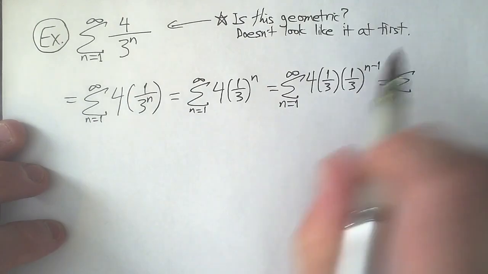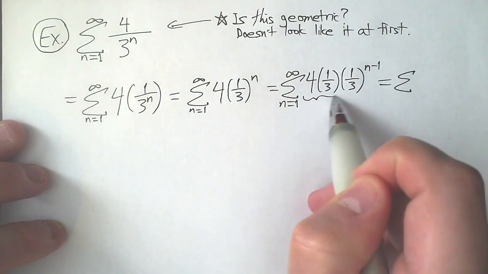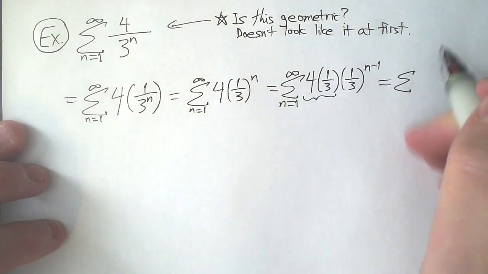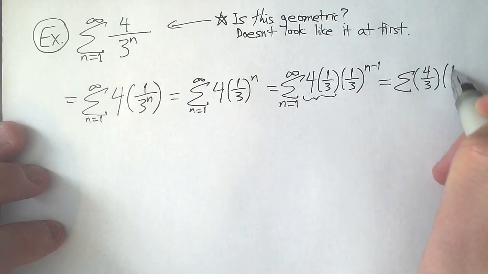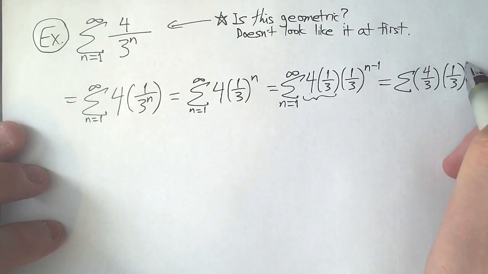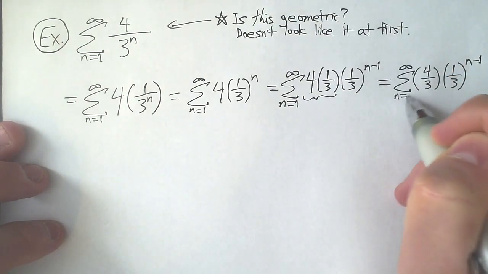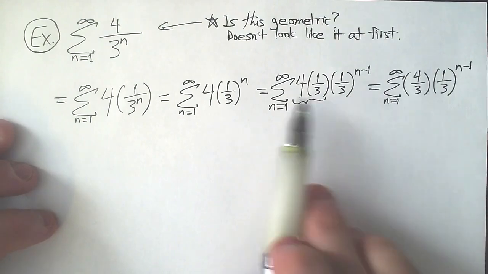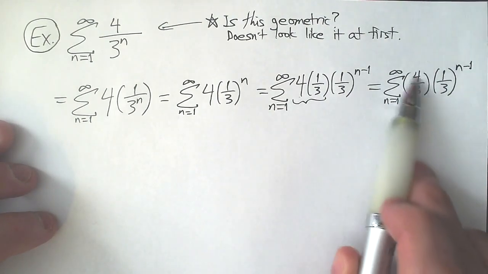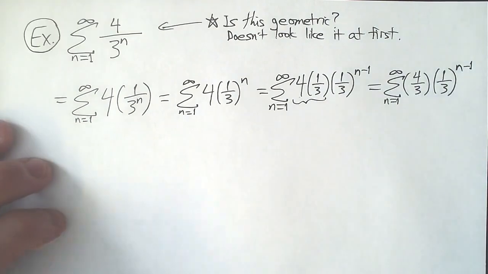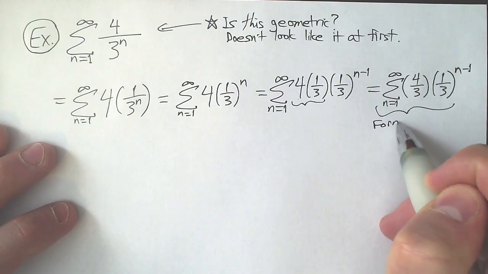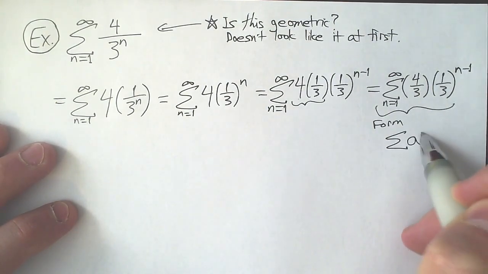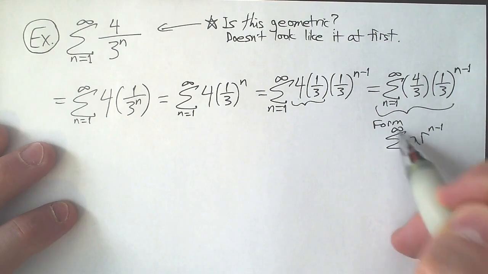So let's do one more thing. Combine the 4 and the 1/3 to get 4/3. I didn't really need that last set of parentheses, but it's fine to have extra parentheses. I did 4 times 1/3, and I made it 4/3. And now it's exactly in that form, right? So this is the form a times r to the n minus 1.